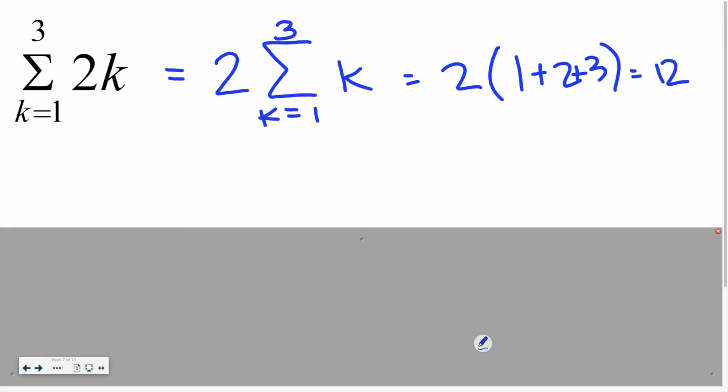Now where this really is going to be helpful is if we have the sum from 1 to 20, and I'm going to show you some shortcuts for how we can add that quicker than 1 plus 2 plus 3 plus 4, yada, yada, yada.